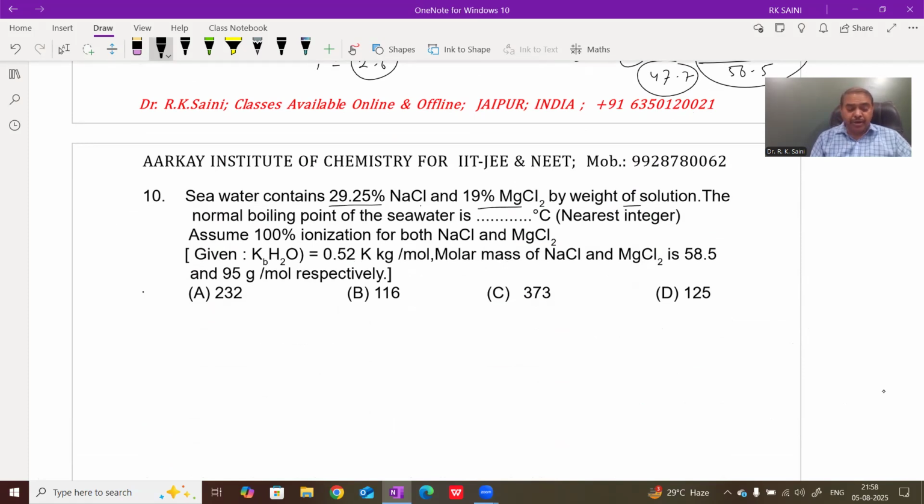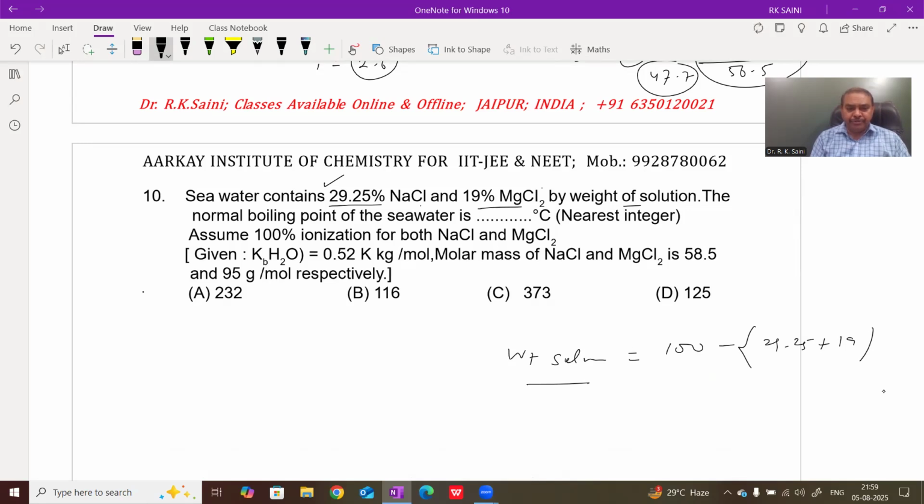It means if the complete weight of the solution is 100 gram, then it contains 29.25 gram NaCl and 19 gram of MgCl2. Therefore, the weight of solvent is 100 minus (29.25 plus 19). This is the weight of solvent.